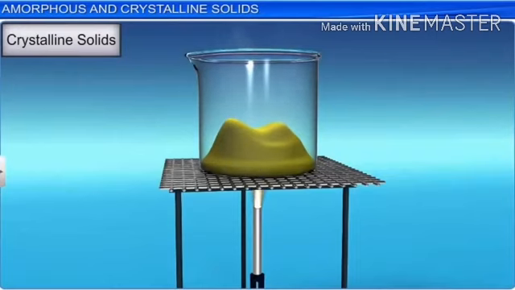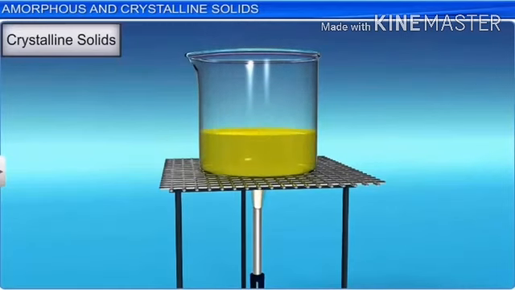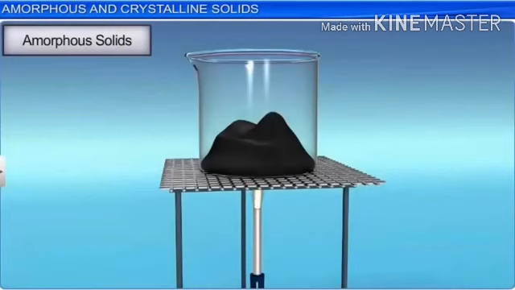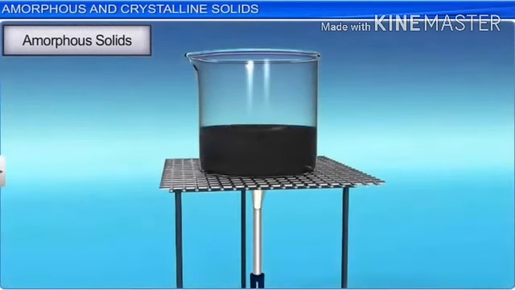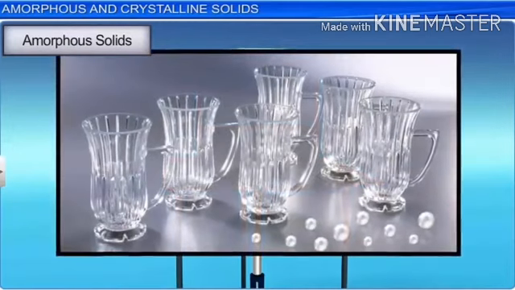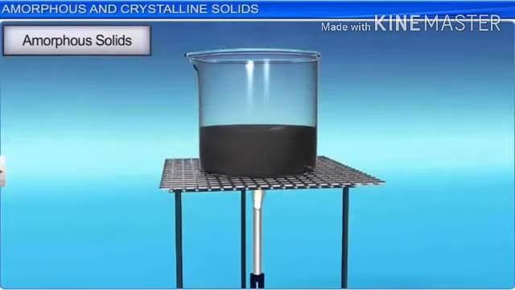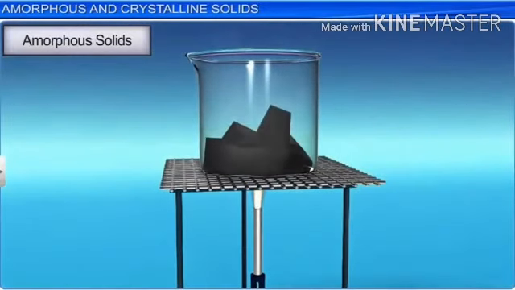That means there is an irregular arrangement of particles which is observed only over a short distance. Amorphous solids are soft, and they melt and start flowing at a particular temperature. They can be molded and blown into various shapes. So amorphous solids have the same structural features as a liquid, but no regular shape.